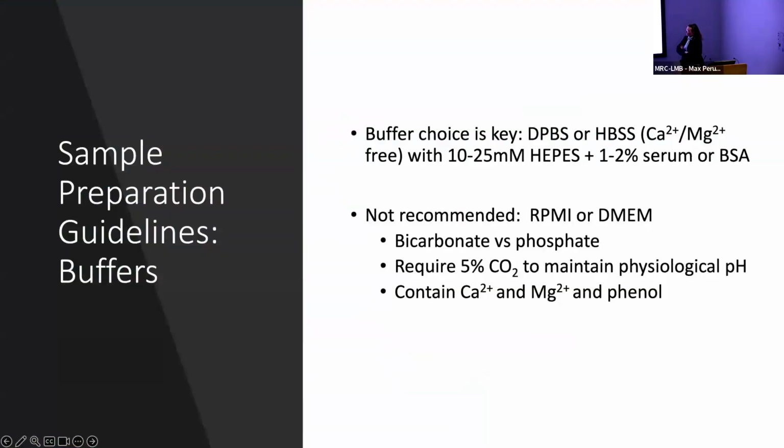All right, a little bit about sample preparation now. The buffer choice is really, really key. I can't emphasize this enough. It really requires some attention to detail in advance.